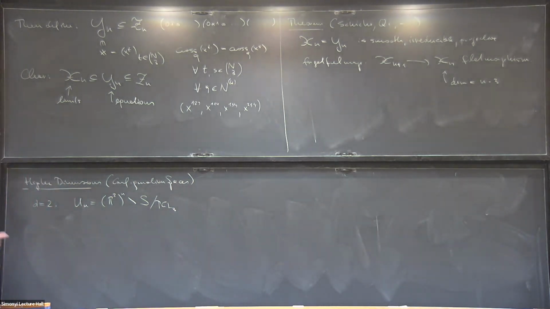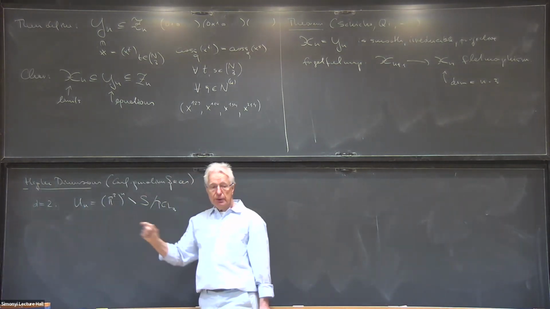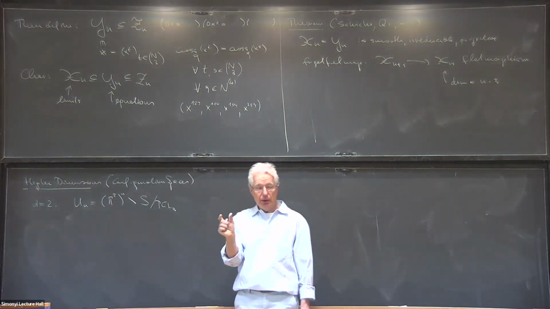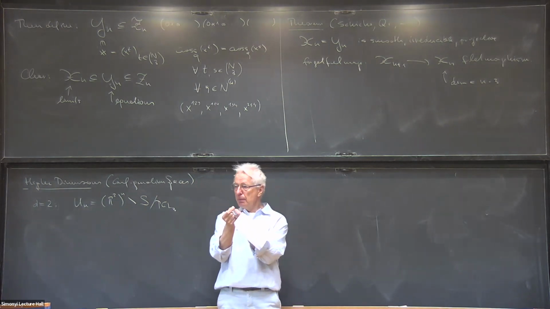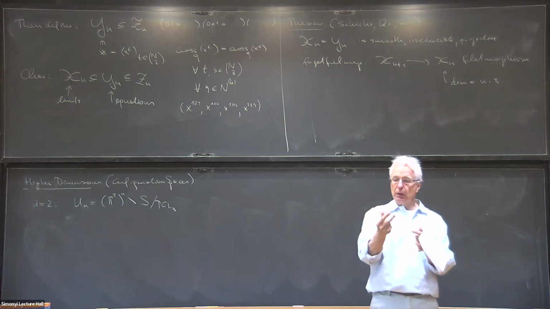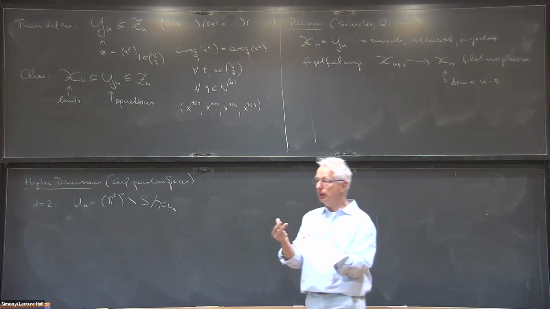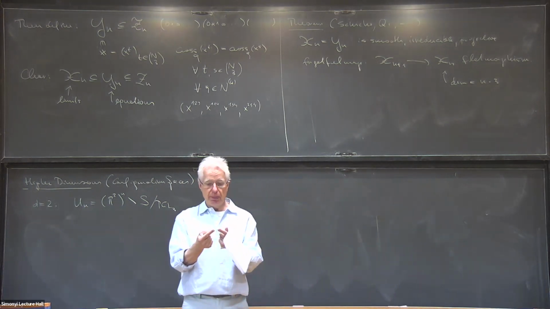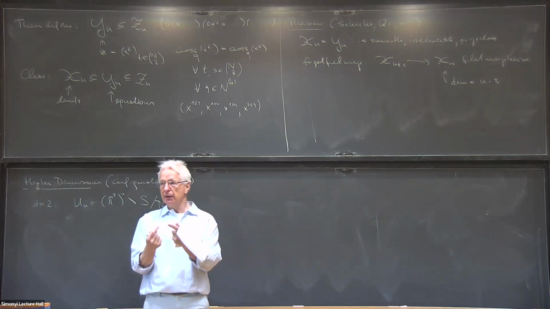But now a new phenomenon appears, because in P2 we don't only have to control coalescing of 2 points, they come together, but it could also happen that you have 3 generic points which come together on a line, like in your talk yesterday. So we have to distinguish between incidence and collinearity.